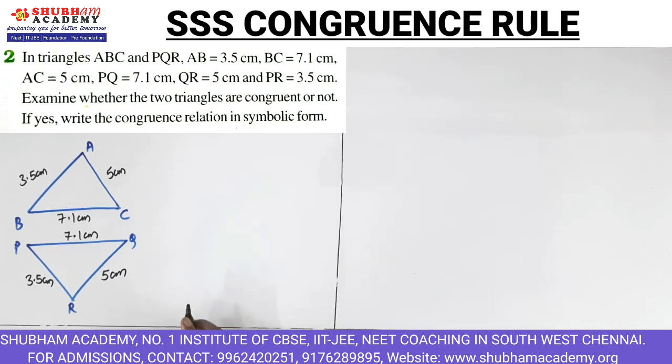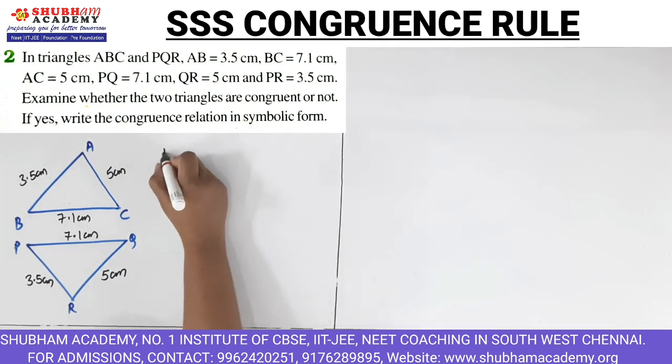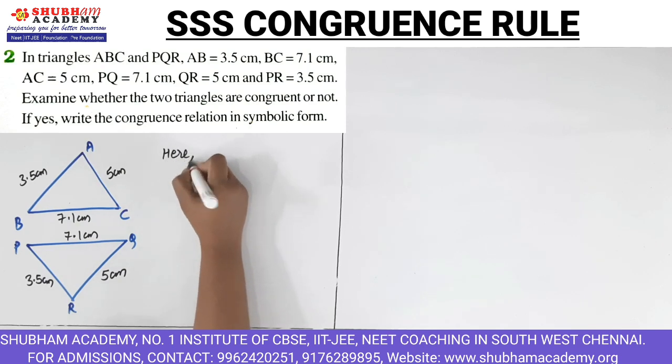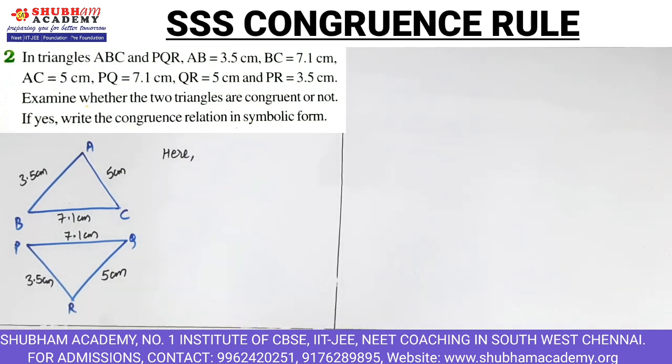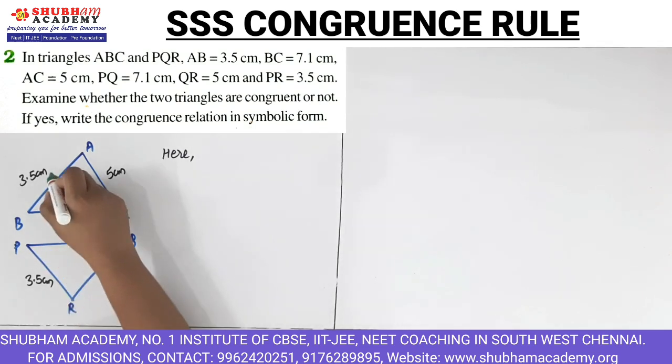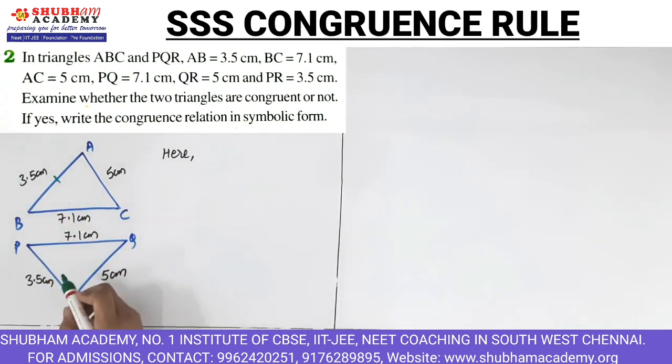So here we can observe, AB is 3.5 centimeter and PR in triangle PQR is 3.5 centimeter.